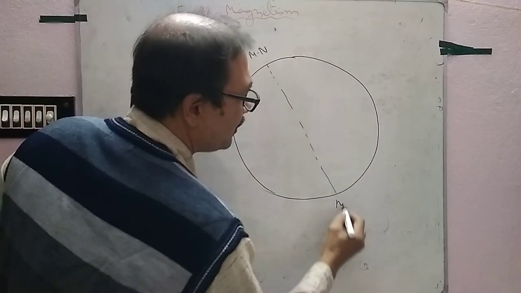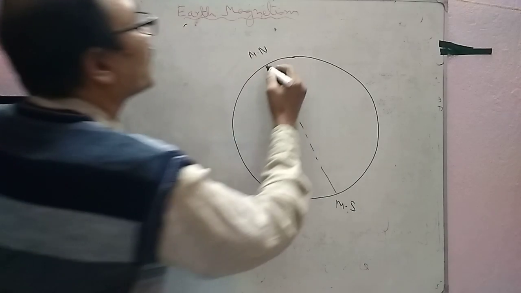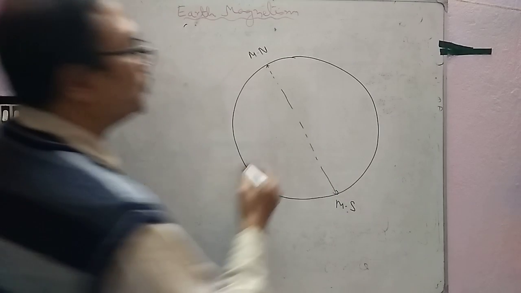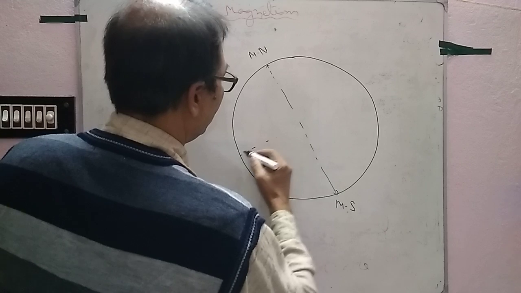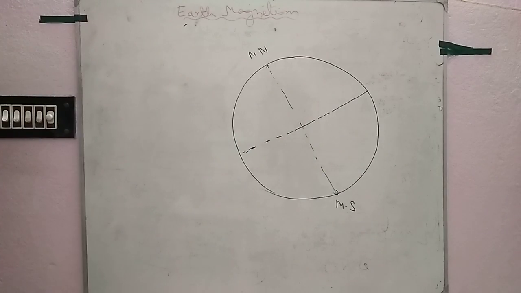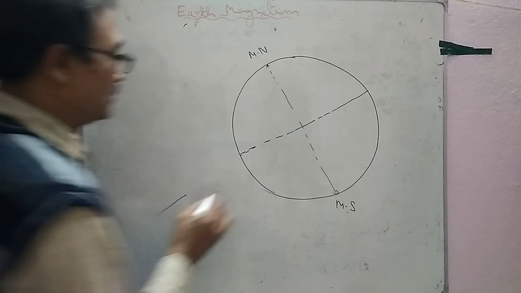This type of figure I have drawn many times. This is magnetic north, this is magnetic south. So this plane is the magnetic equatorial plane, the equatorial line of the plane.